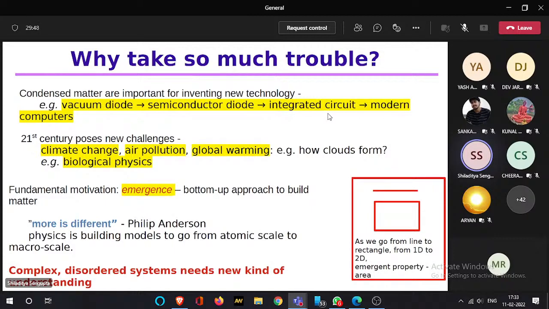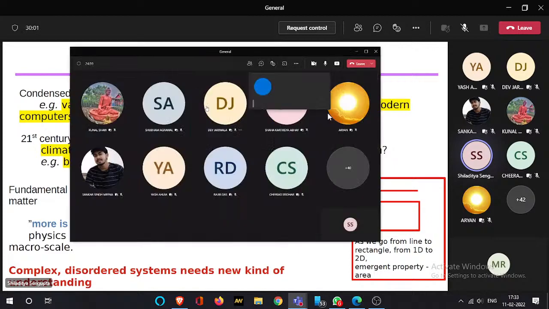Another challenge is, for example, biological physics. I will try to say more about it. But to give you one quick example, all of you have heard about coronavirus, right?